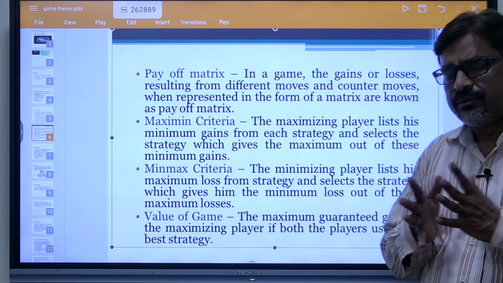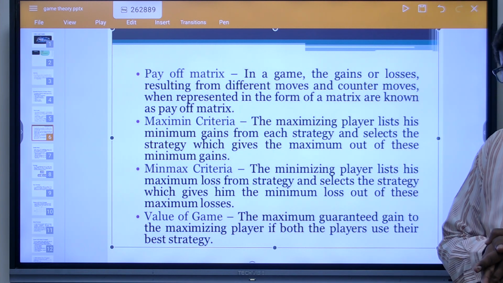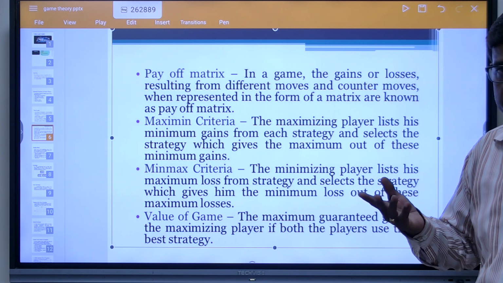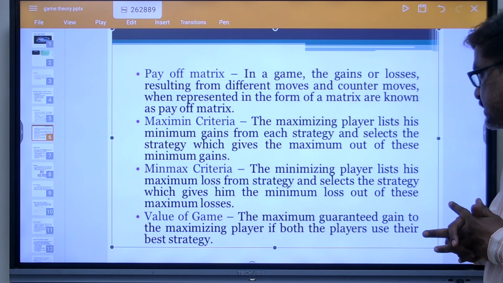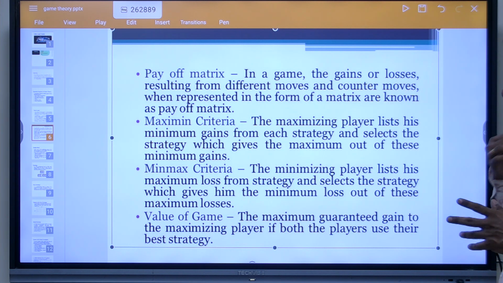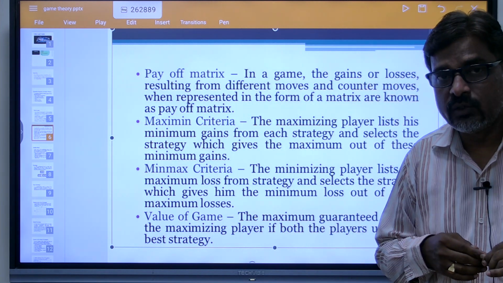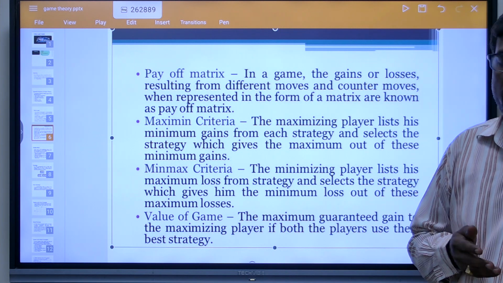Now, if we have losses, we never try to make our losses more or maximum. We always try to minimize our losses. And we never try to minimize the profits.